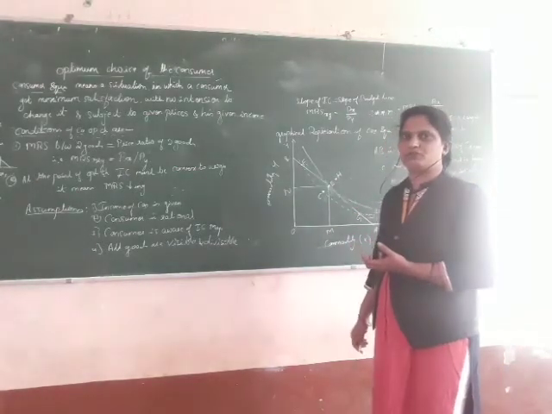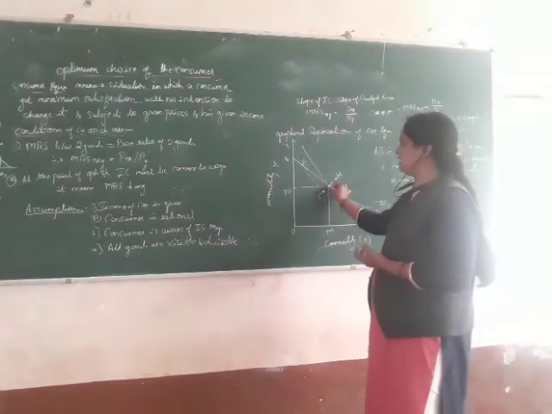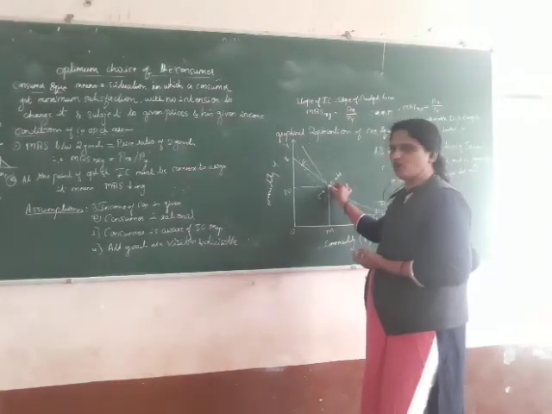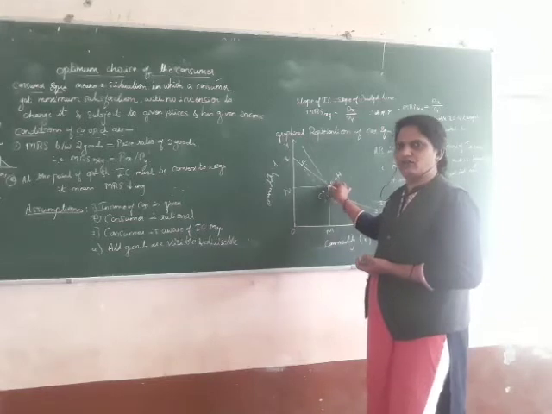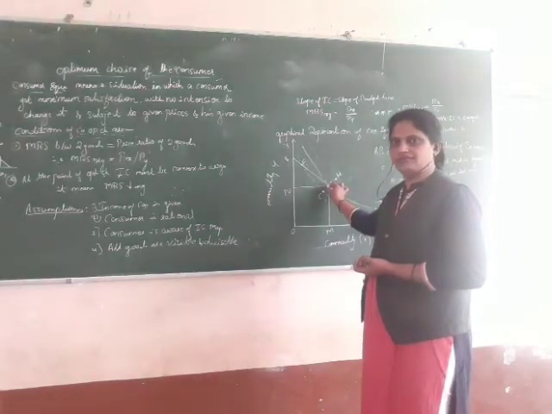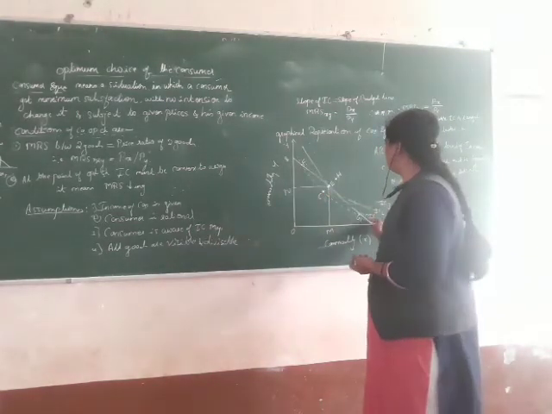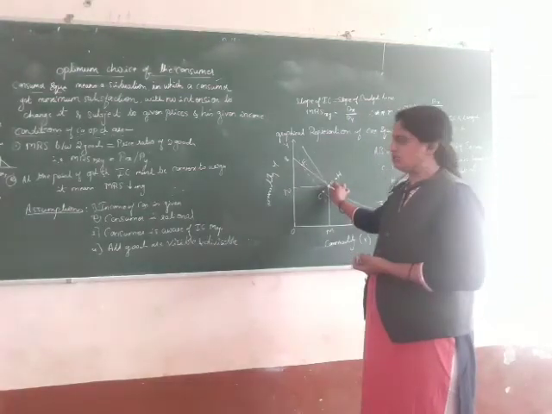Then which one is the optimal choice of the consumer? Point E is called the optimal choice of the consumer because it is on the higher IC curve and it is tangent to the budget line.